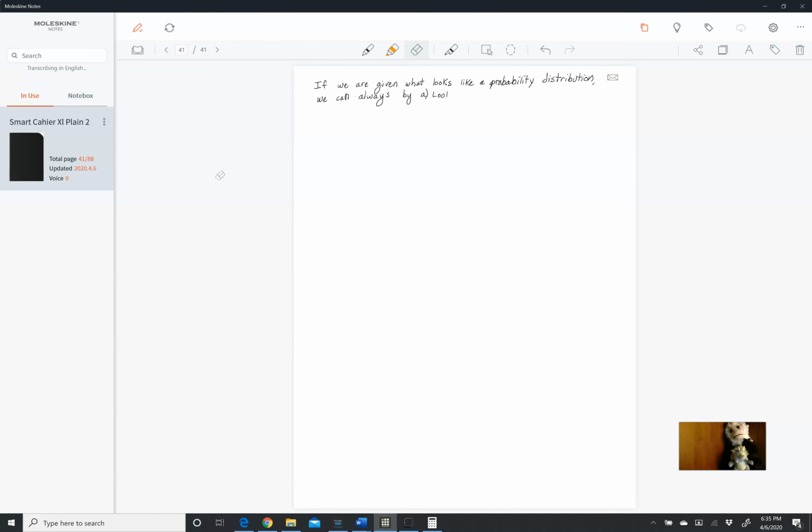We look at the probability of each outcome, and those all have to be between 0 and 1. That's the first thing. Second thing is look at the sum of the probabilities. So we've been doing this already. And we know that the sum of the probabilities has to equal 1. If it doesn't, it's not a probability distribution.